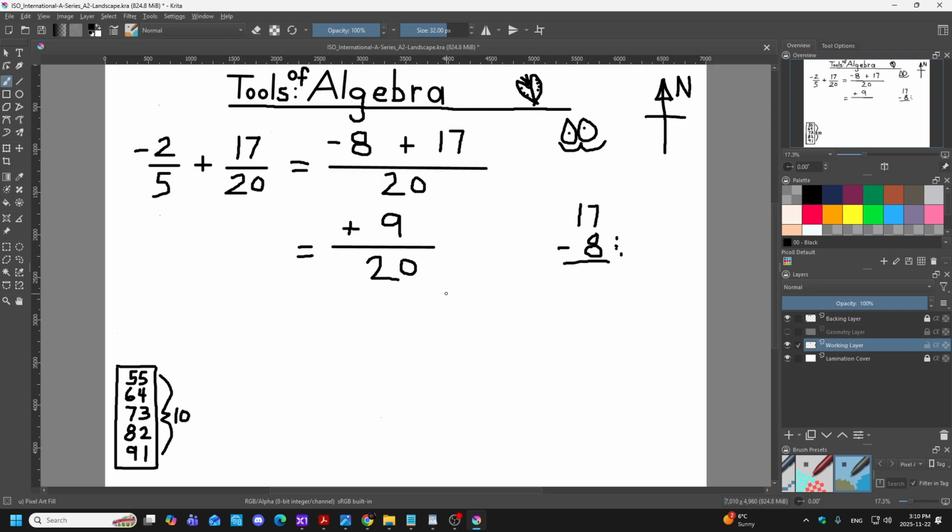9 is factorable. It can be divided by 3, right? That's obvious. We know 3 times 3 is 9. So that automatically tells us 9's not a prime number, right? Because it's not. It can be factored and reduced. Same with 20. But we have an odd number here and an even number here.